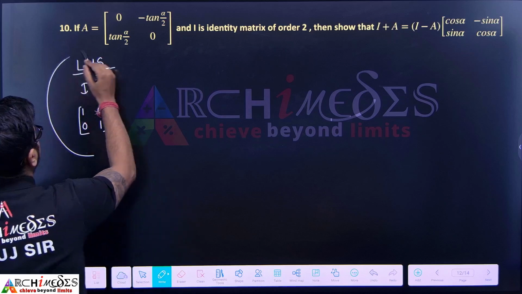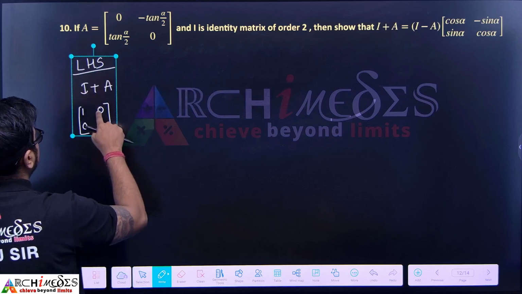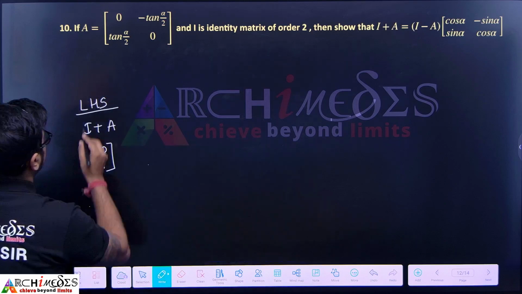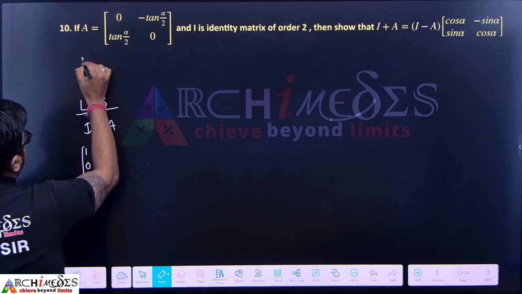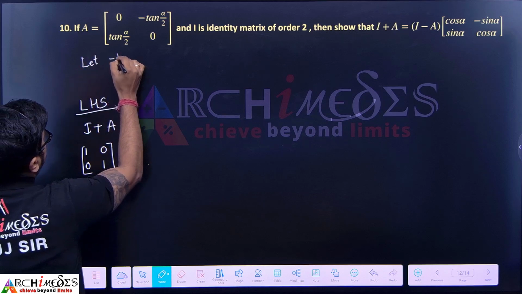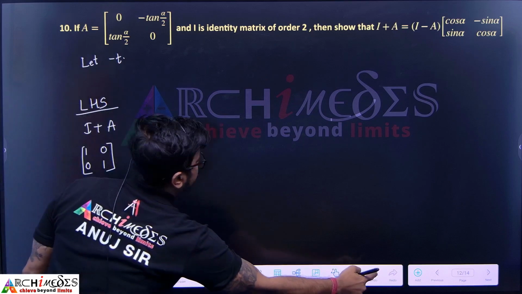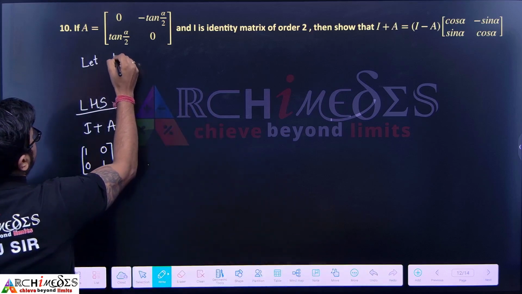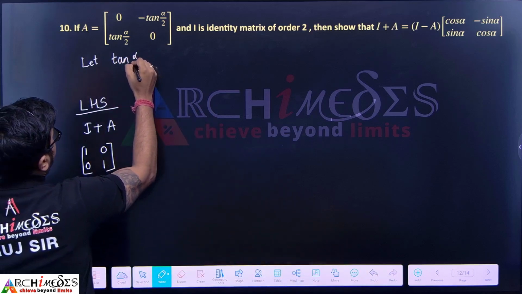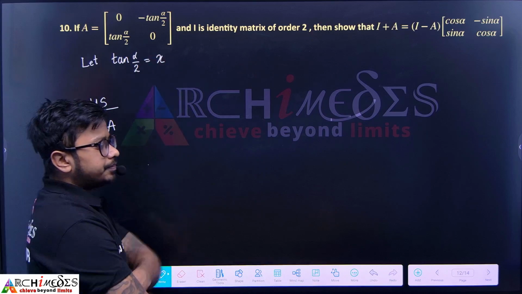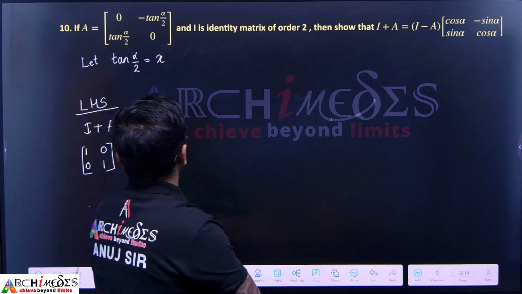Just give me a moment. For making the question simple, let me assume tan alpha by 2 as x. I'm assuming tan alpha by 2 as x.